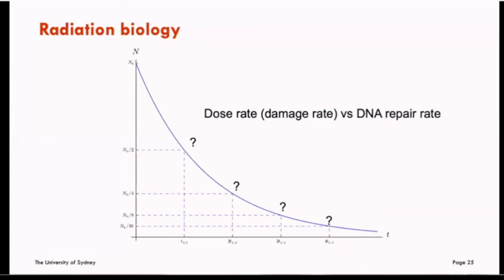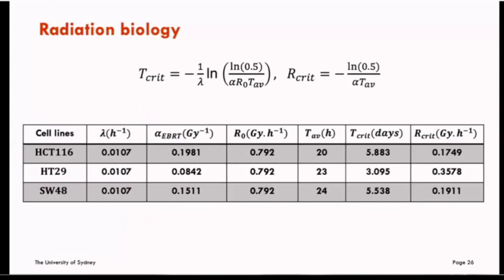Therefore, at some point, the dose rate would not be able to compete with the DNA repair, and therefore, although the physical dose might be delivered, it will not be effective biologically, and hence it will be wasted.